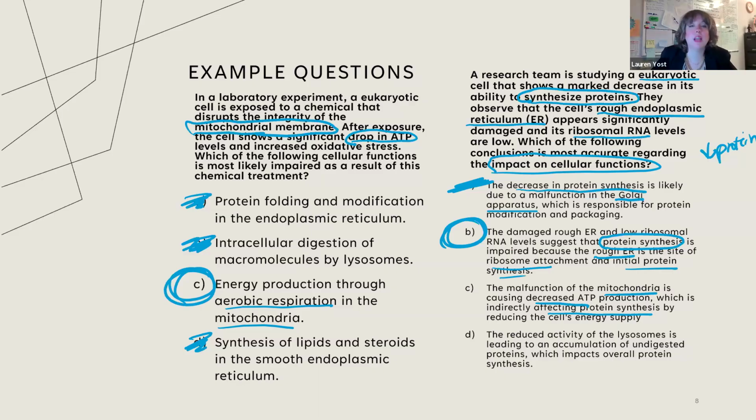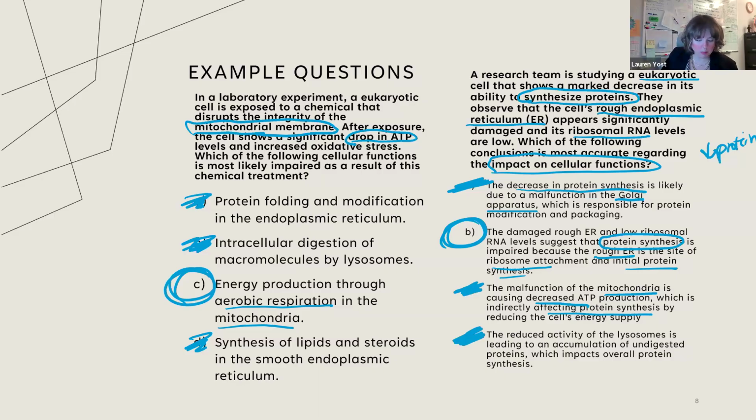Yes. But is that what is happening here? No. It literally told us it's an issue with ribosomal RNA levels in the rough ER, so that's not our answer. Reduced activity of the lysosomes is leading to an accumulation of undigested proteins, which impact overall protein synthesis. It's not what's happening here. Right? We are having a decreased ribosome availability.